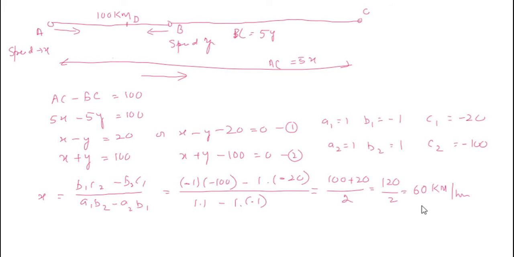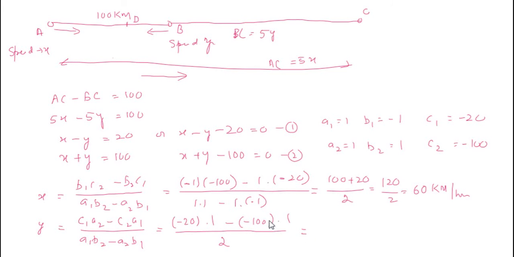Now let us calculate the speed of car B, that is y. Y equal to C1A2 minus C2A1 divided by A1B2 minus A2B1, that is equal to C1A2, C1 is minus 20, A2 is 1, into 1, minus C2A1, C2 is minus 100, A1 is also 1, divided by 2.